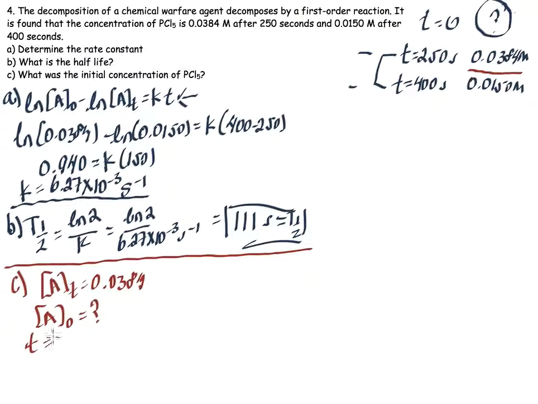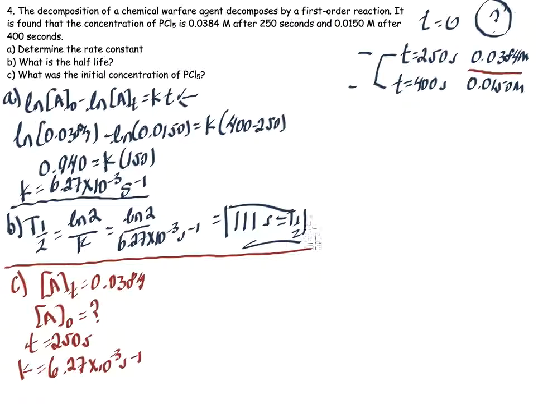So that's 250 seconds. Okay. Now K, remember, we've calculated that from part A. I'm just going to rewrite it down here, 10 to the minus 3. All right, and again, we just use the integrated rate equation to calculate those values.